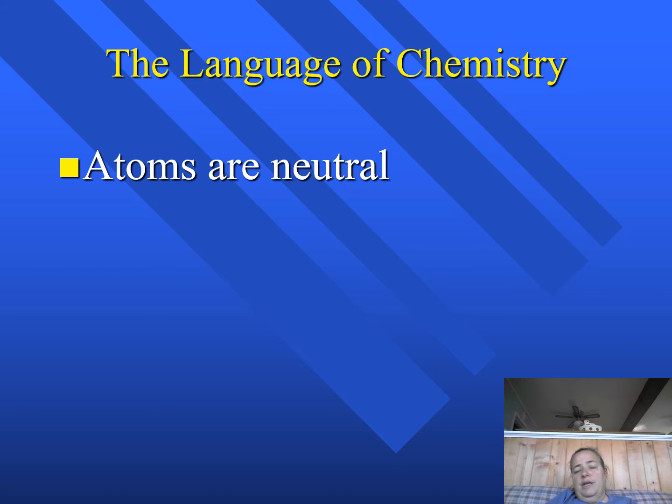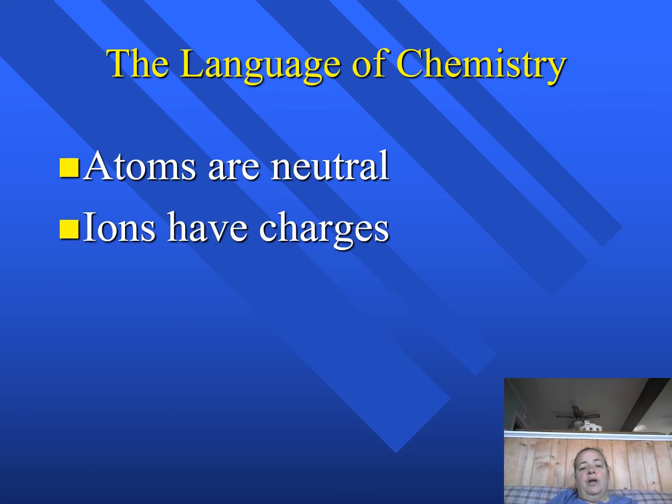If they say something about an ion, that means it will have a charge, which means it will have a different number of protons than electrons. And remember that the number of protons cannot change. So whether it's positive or negative, it got that way by either losing or gaining electrons, not protons. Protons are always the same.